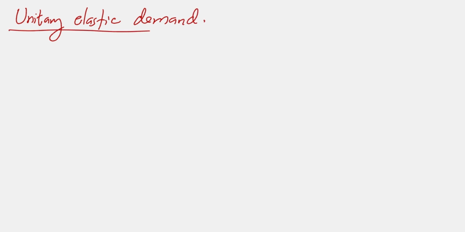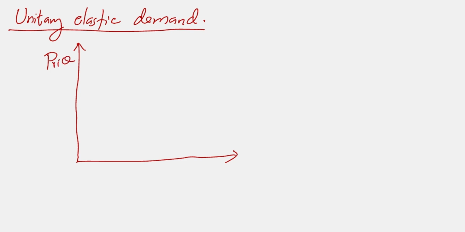Then we have unitary elastic demand. Unitary elastic demand is the one with a PED of 1. And this one, let's try to sketch and show the curve. So we have the price, we have the quantity demanded there, and then this is how the curve will look like.